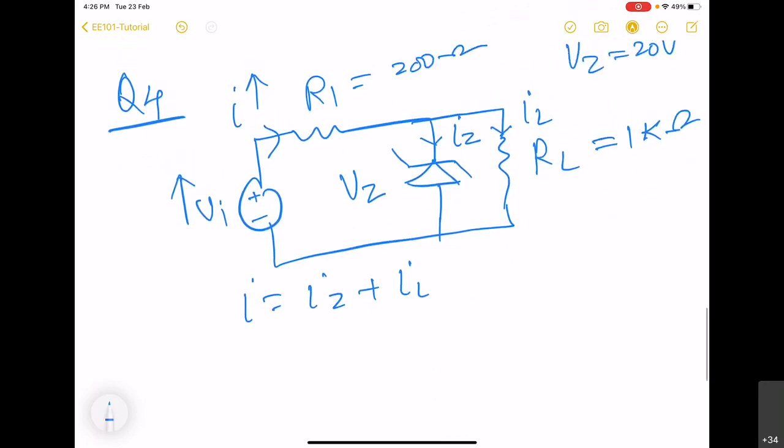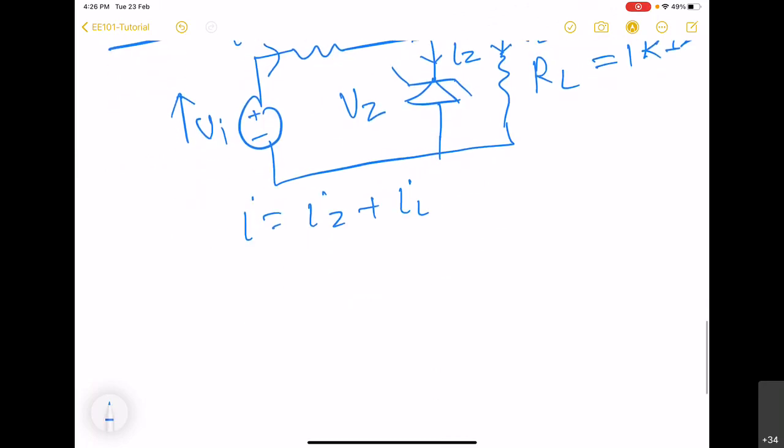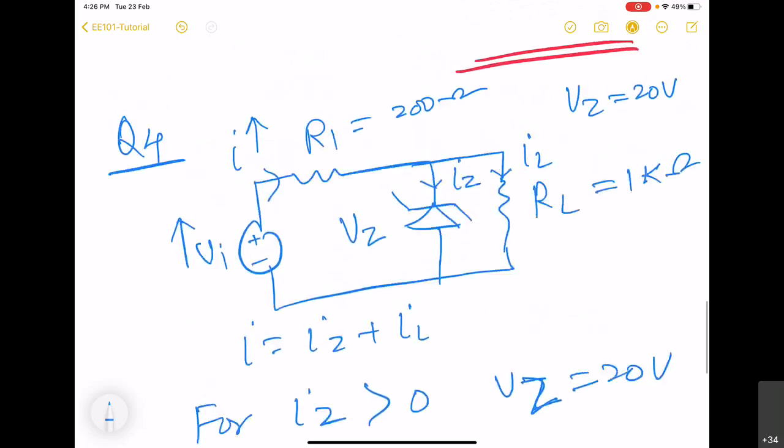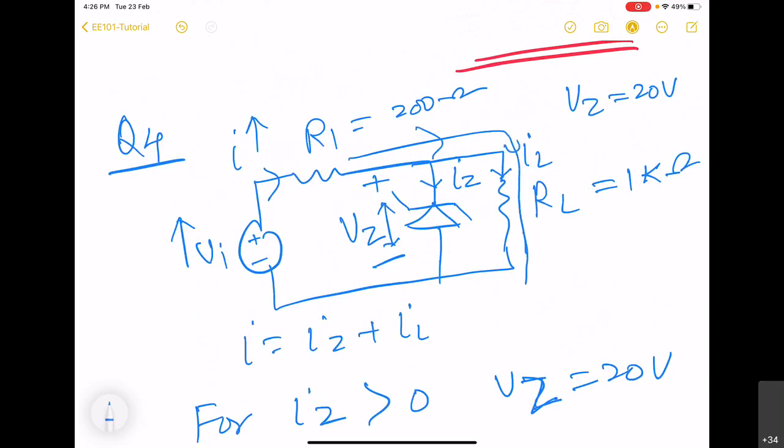But we know that for IZ to exist, VZ should be equal to 20 volts. So that means as long as this voltage is not 20 volt, Zener diode will not conduct, and in that case entire current will flow through load. It is this path that entire current will take. So this is what is going to happen when Vi is low.